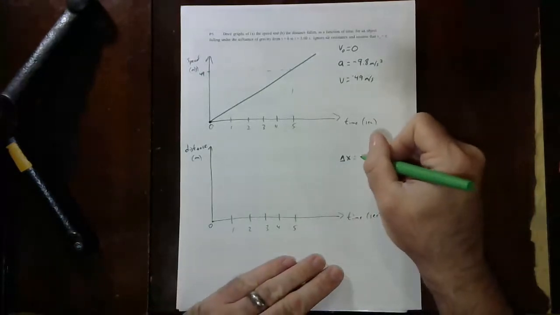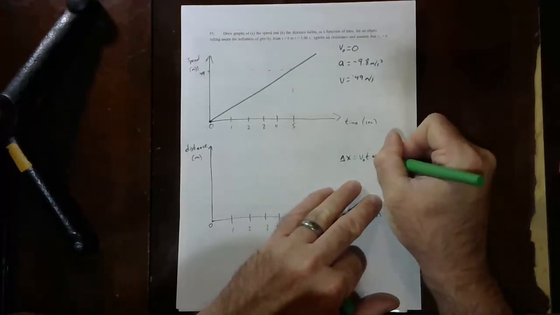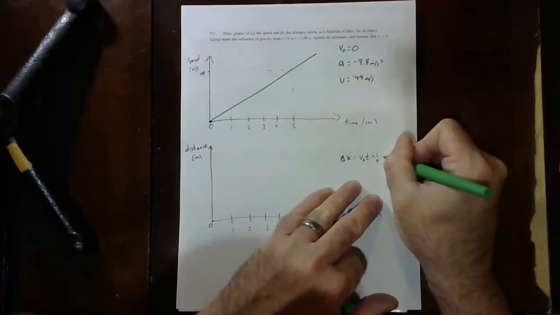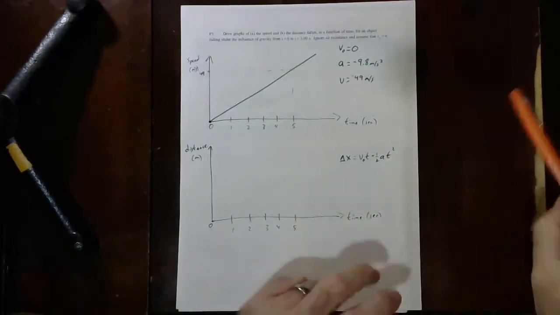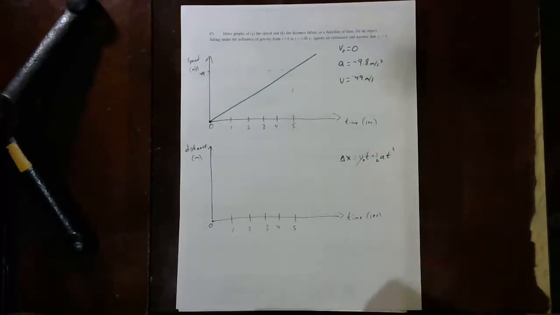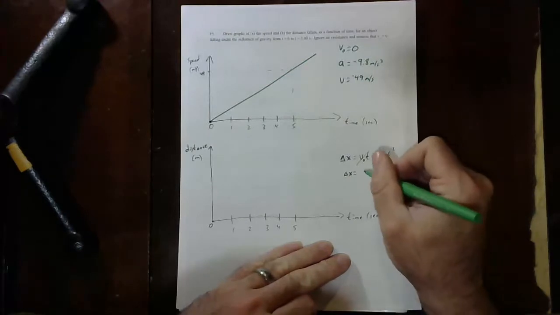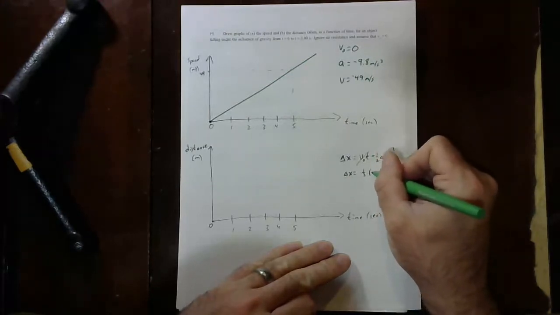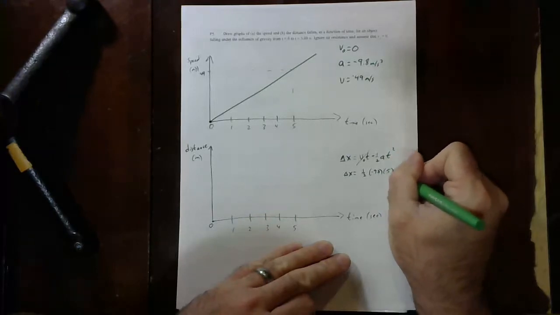I think I'm just going to use delta x equals v naught t plus 1/2 a t squared for this one. We know the initial velocity is actually 0. We're starting from rest. And so my displacement at 5 seconds is just going to be 1/2, my acceleration is negative 9.8, and then times 5 seconds squared.